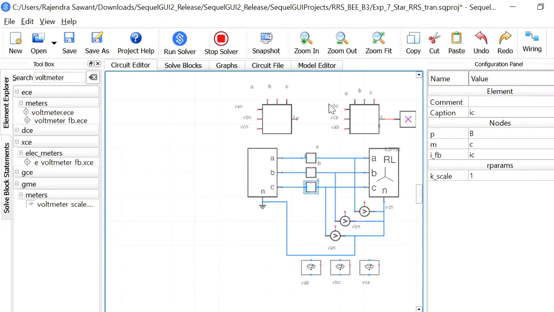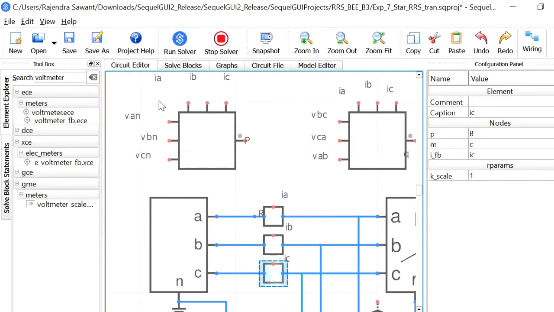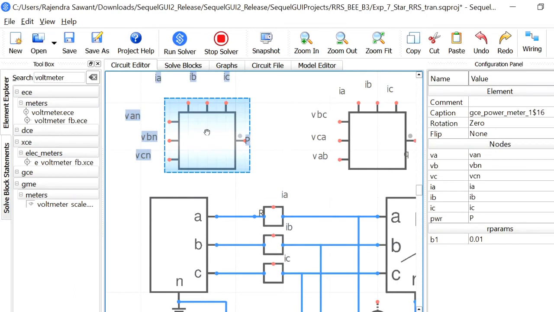So these are the three line currents, and the same current would also flow through the individual phases. Now let us look at how we are computing the power with the circuit. We have got a general element here which is basically called power meter_1, and this can be found from GCE.